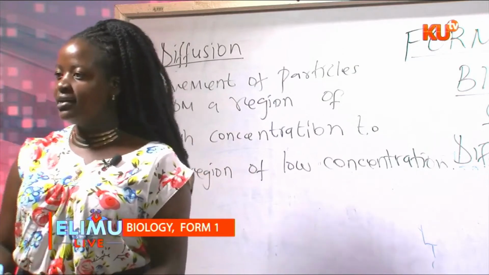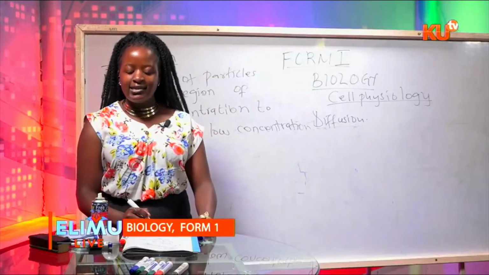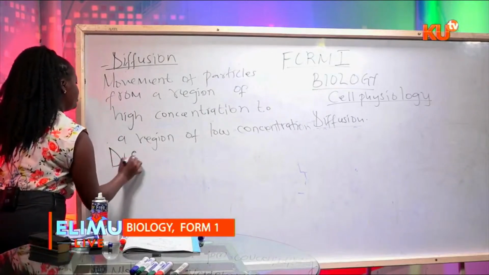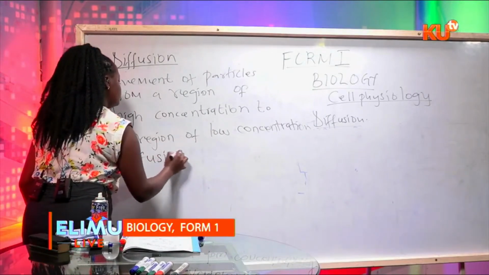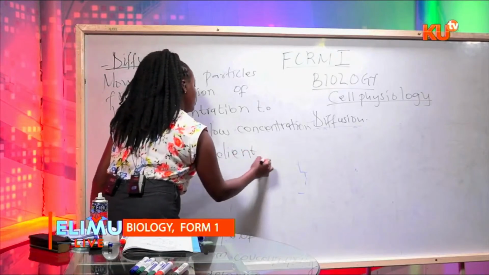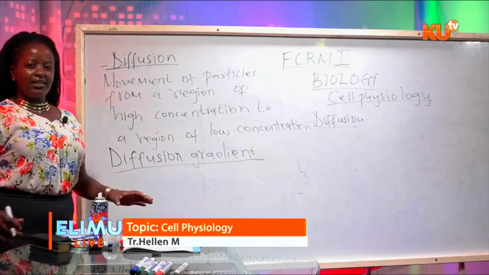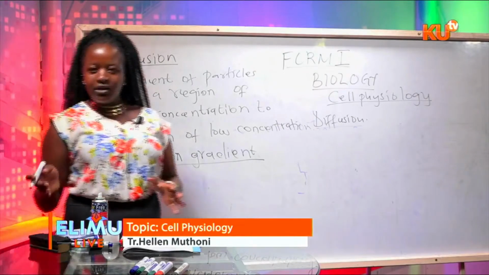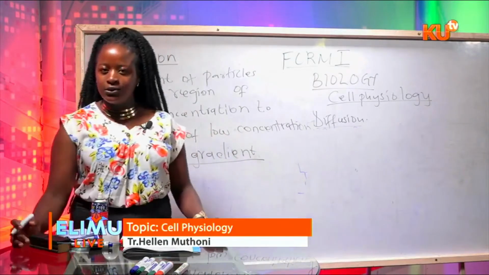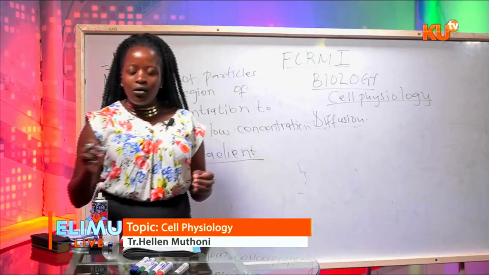So this brings us to the second concept we are going to define, and that is diffusion gradient. From this definition, we find that we have two regions, the region of high concentration and the region of low concentration. When we talk about concentration, we are talking about the amount.